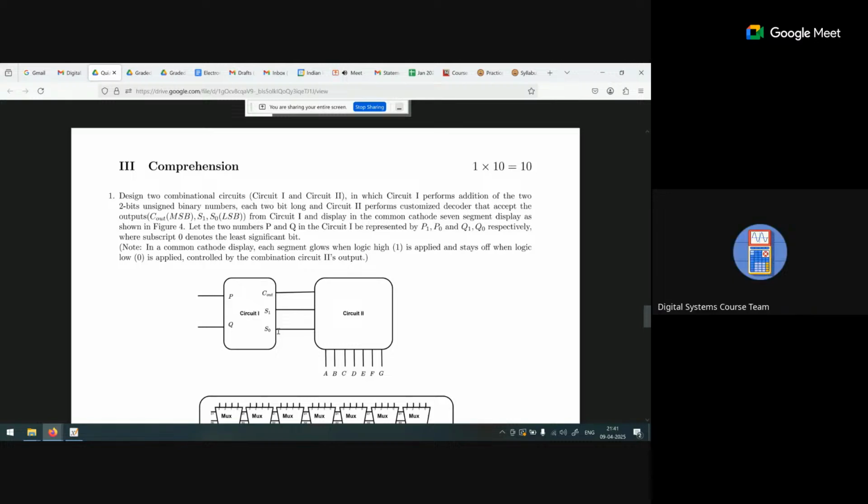But what is the equation for the sum? We do XORing of that, so P XOR Q. If we are talking about S naught, it is P naught XOR Q naught. If we are talking about P1, it is P1 XOR Q1.